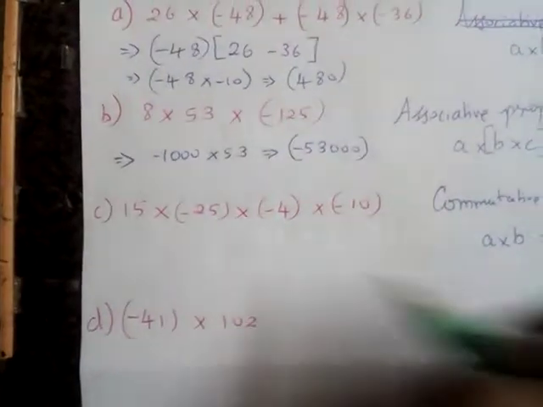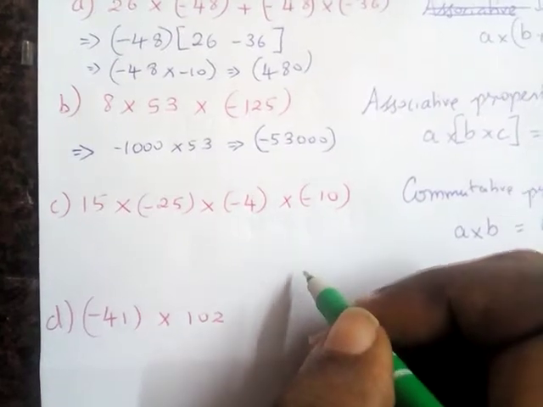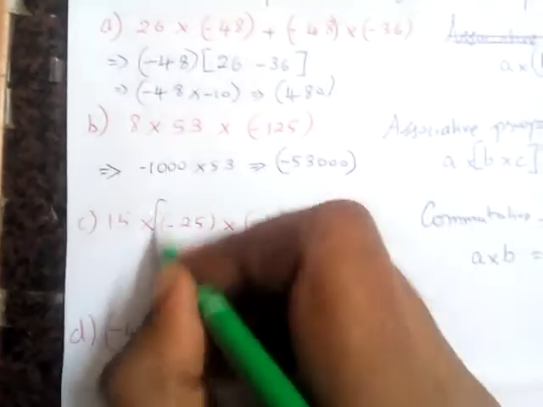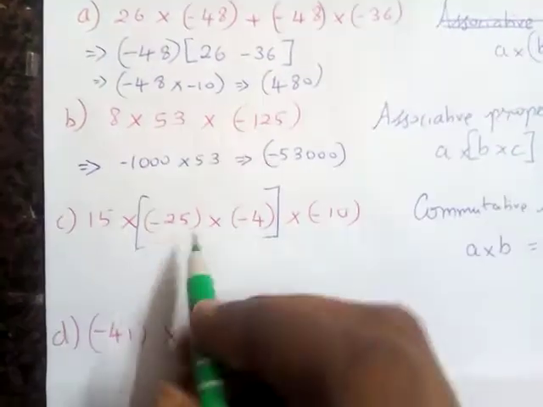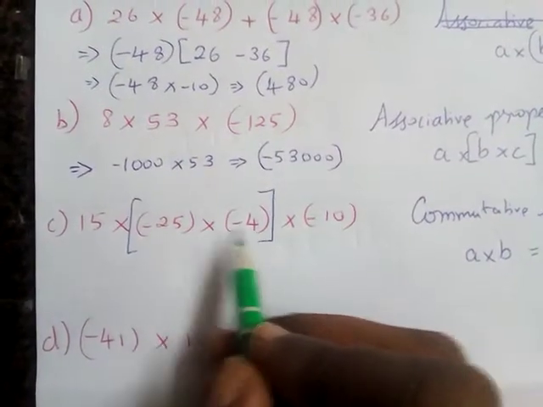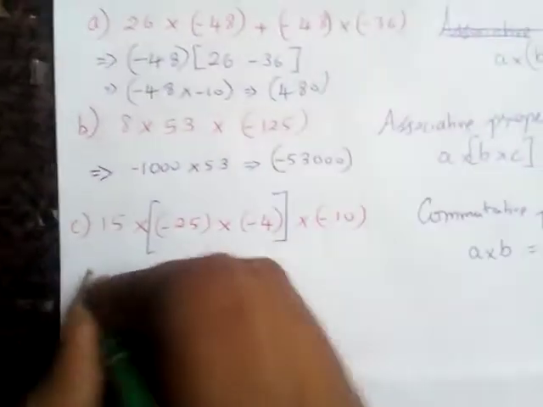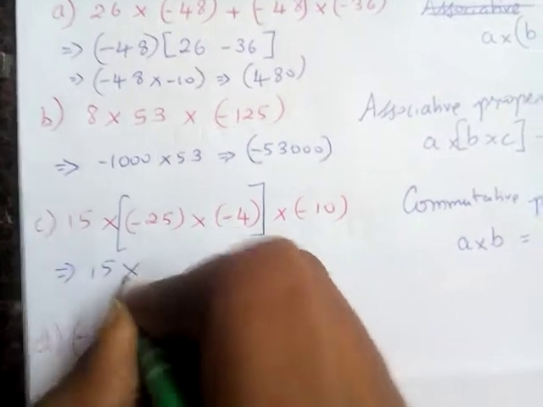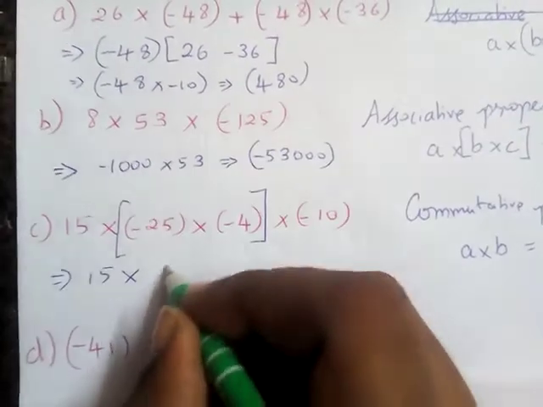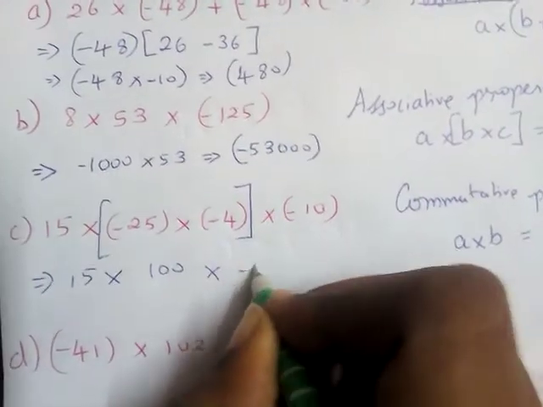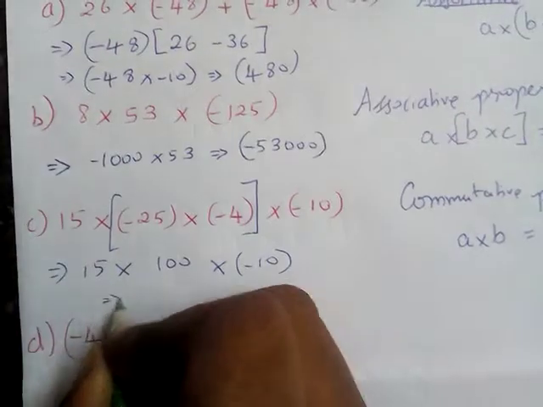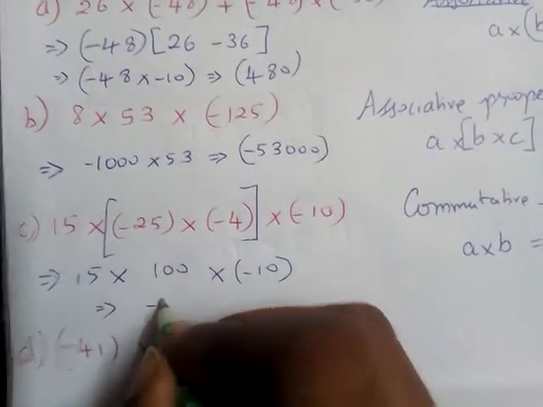So here you have four integers. I'm going to multiply any two first. So I'm going to use first minus 25 into minus 4. As you already know, 25 into 4 is 100. So 15 into minus 25 into minus 4 is plus 100 into minus 10, which will give you a product of minus 15,000.